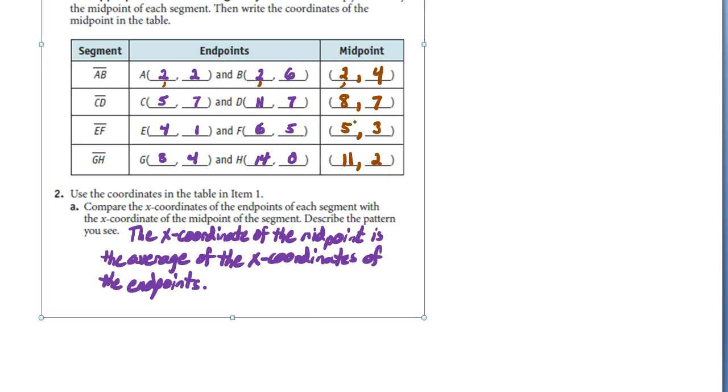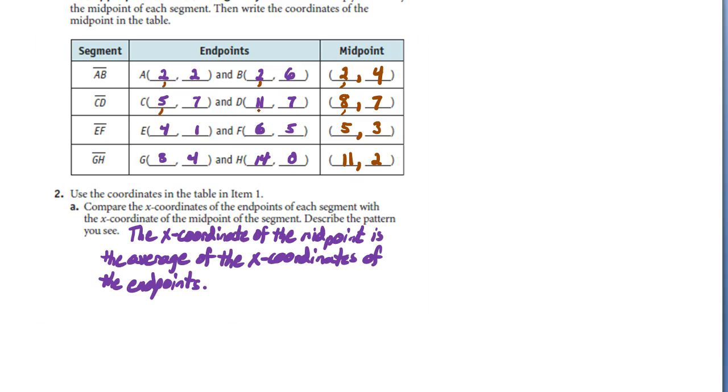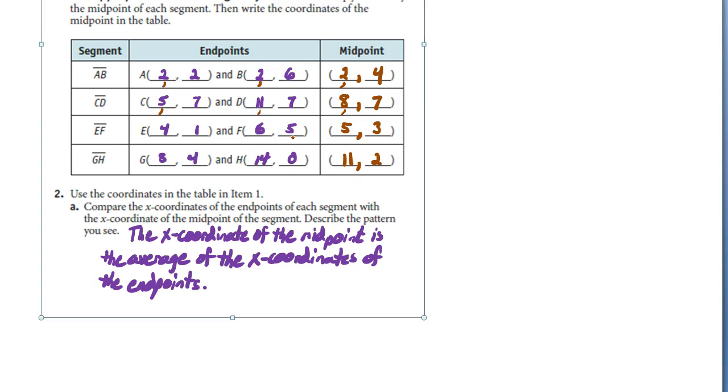Well, it looks like they're the same. Let's look at the next row. The x-coordinate of the midpoint is 8. The x-coordinate of this is 5, and the x-coordinate of this is 11. What's the relationship of 8 to the number 5 and to the number 11? Well, 8 is the average of 5 and 11. 8 is midway between 5 and 11. 5 plus 11 is 16, and 16 divided by 2 is 8.